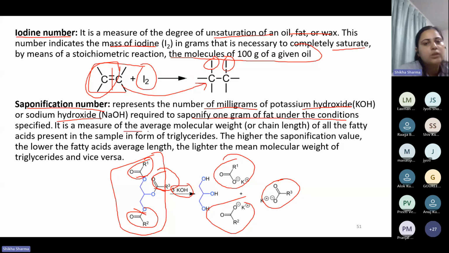It is a measure of the average molecular weight or chain length of all the fatty acids present in the sample in the form of triglycerides.